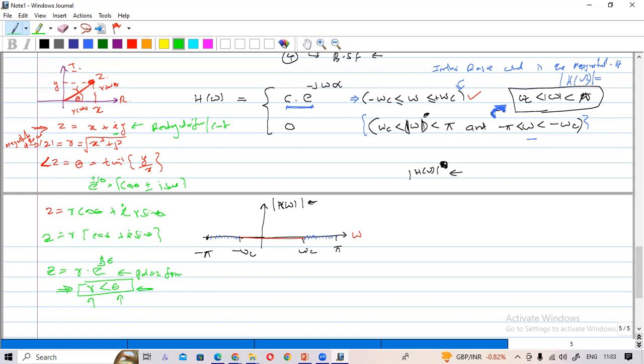Then what is this one? Now I think you know. This is a complex number. Then what is the magnitude of this complex number? Tell me the magnitude, please.